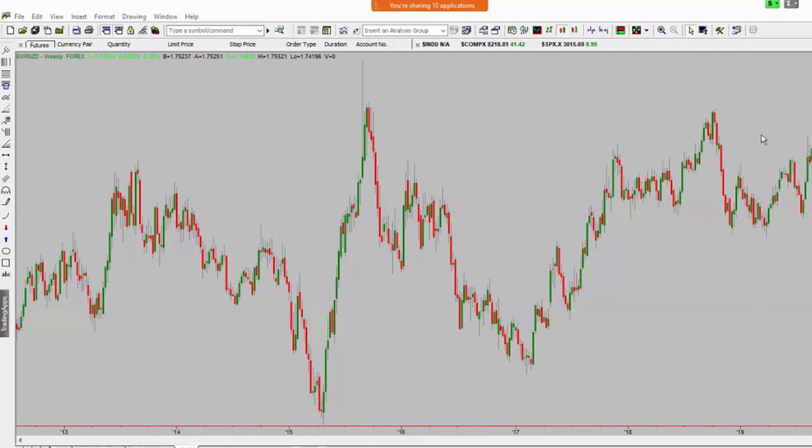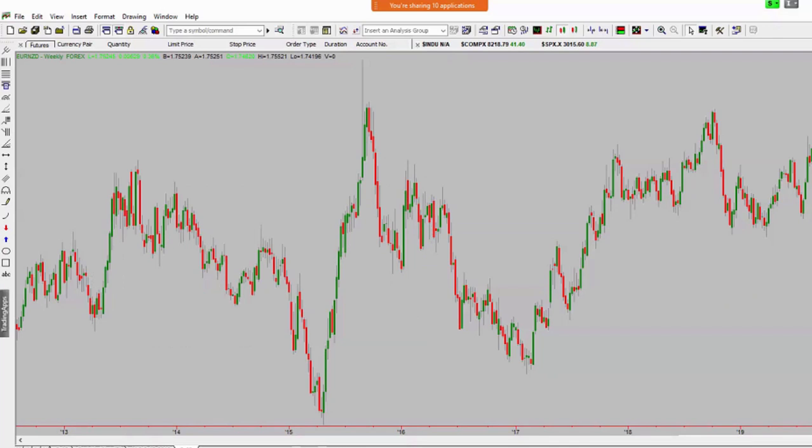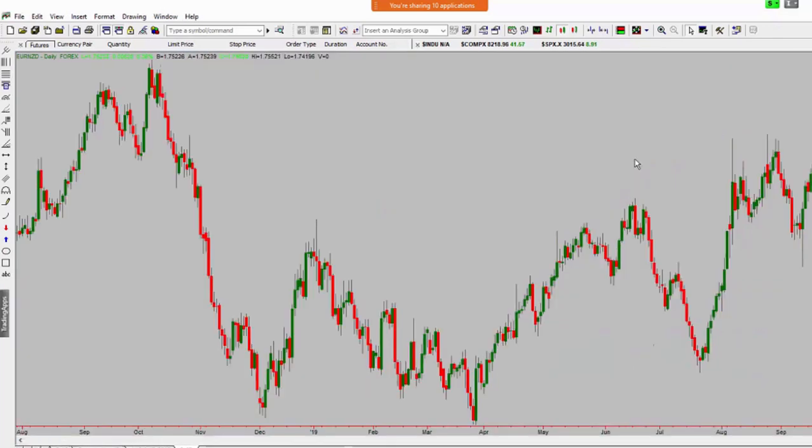So yeah, I don't see a whole lot going on here on the weekly. Let's go down a time frame. And now other things start to show up. So we look at current price, we go left and up, and we get to an area right here that's interesting. It's just one candle though, so we want to go down to smaller time frames and take a look.